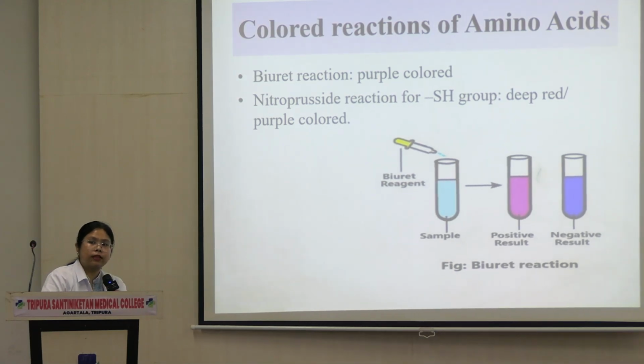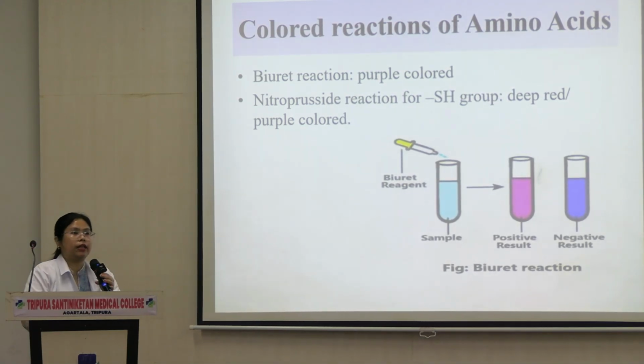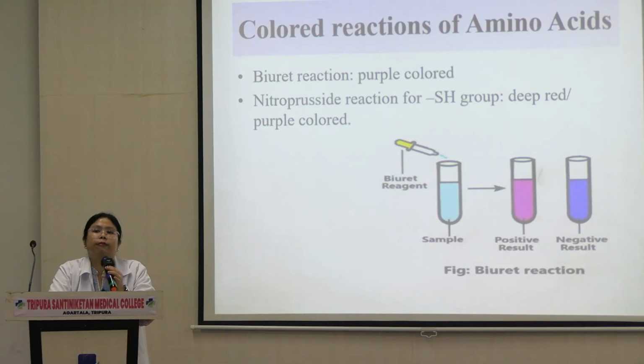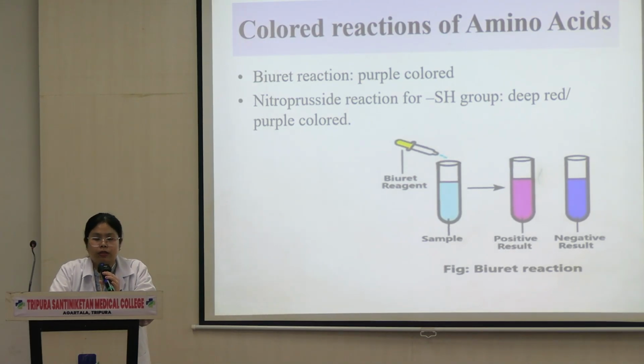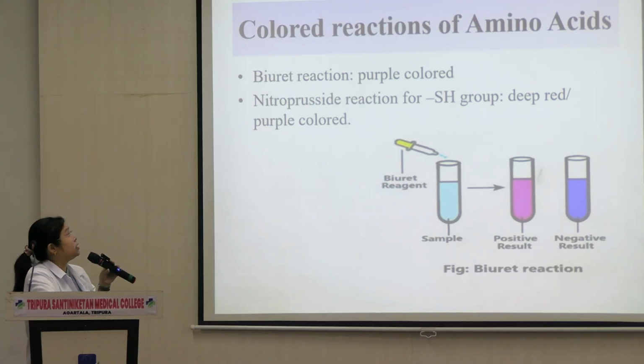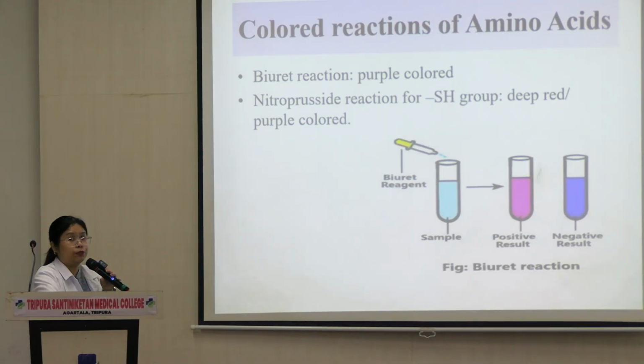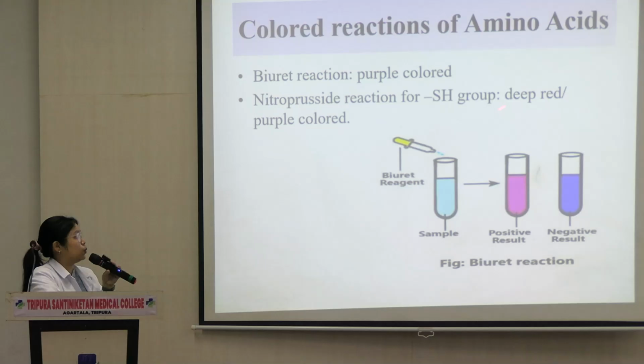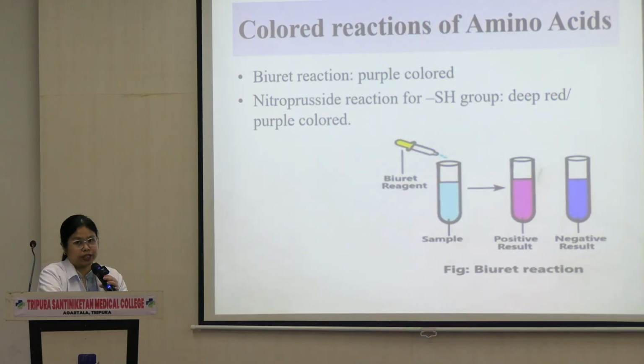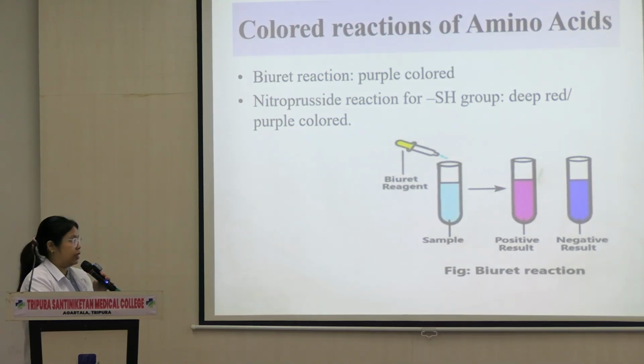Yes. Very good. Cysteine. And anything else from M? The letter M? Methionine. Cysteine and methionine. So this is specifically for SH group, which is in cysteine though. So this will form deep red color or purple colored reaction with the same substance known as ninhydrin. Okay.